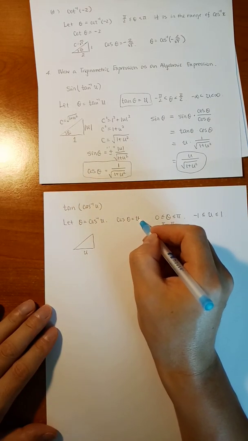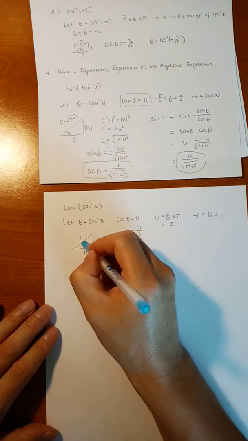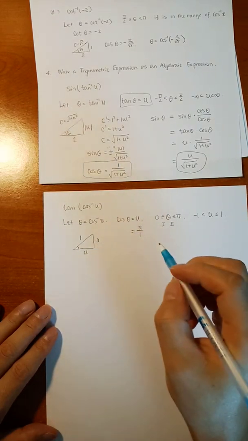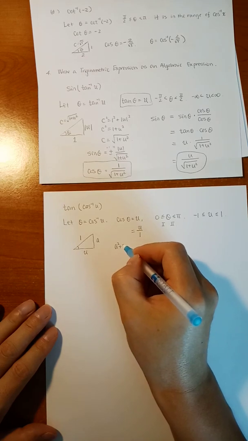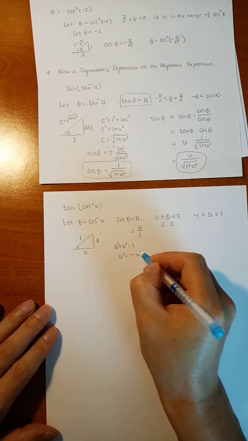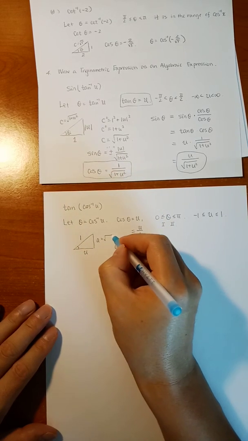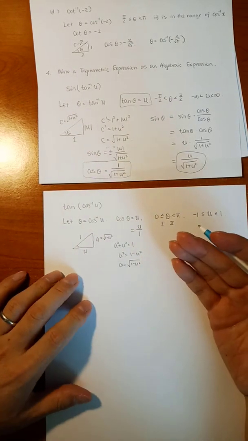You write cosine theta equal to u, you can consider it like u over 1. So the hypotenuse is 1. Okay, so what is opposite? a squared plus u squared is equal to 1. So a squared is 1 minus u squared. So a is square root of 1 minus u squared. So this is opposite.